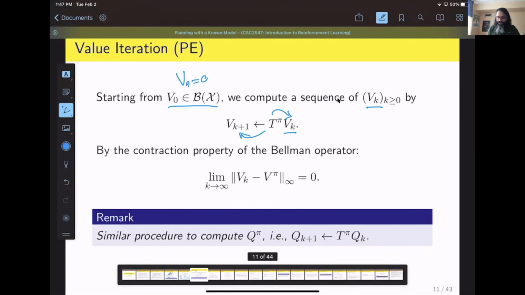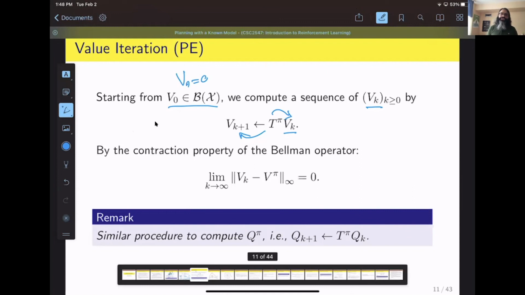And then, where have we seen this method? We had seen this one before. Do you remember? Anyone in chat? Yeah, that's when we talked about the contraction mapping and fixed point theorem.